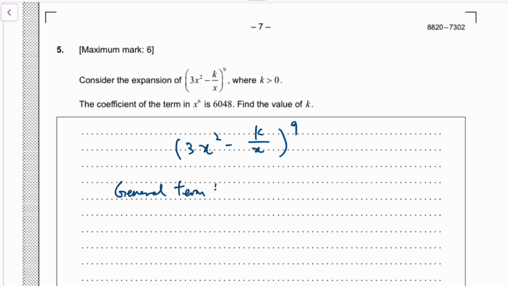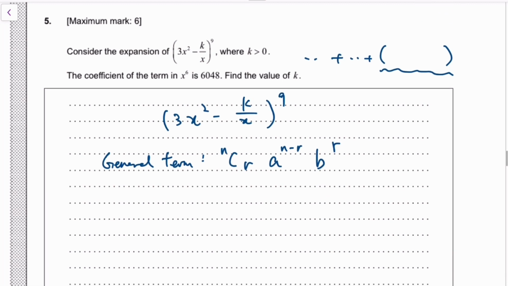If you go to binomial expansion, they write a bunch of stuff, and then in the middle they will write the following. They would say nCr a to the power of n minus r b to the power of r. Okay, that's the general term, and that's pretty much the only thing that's useful.